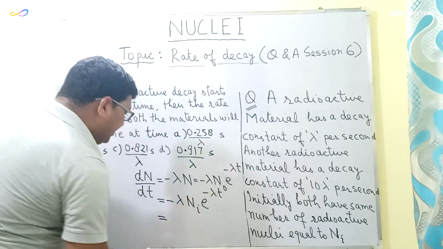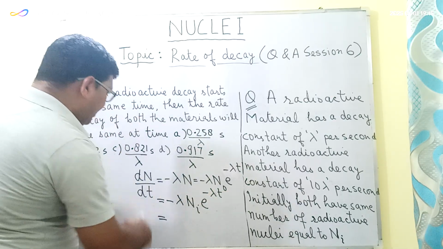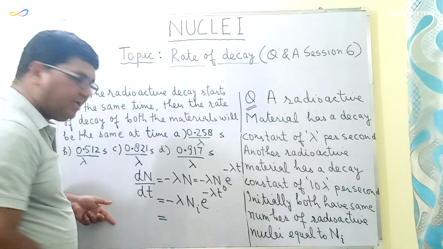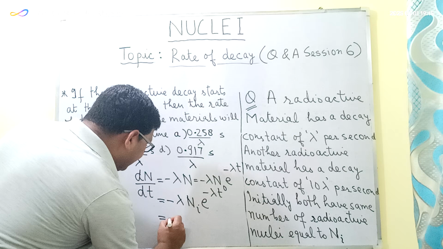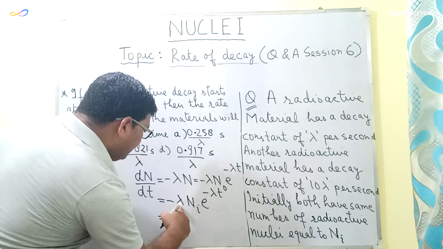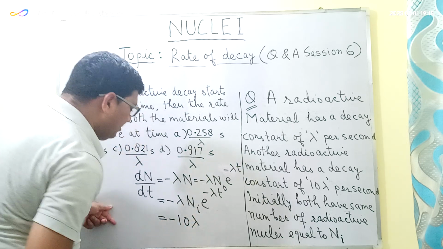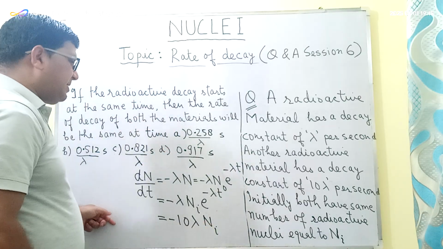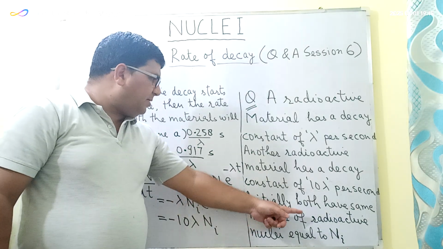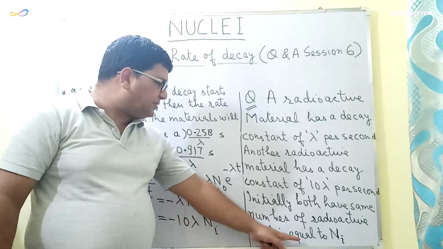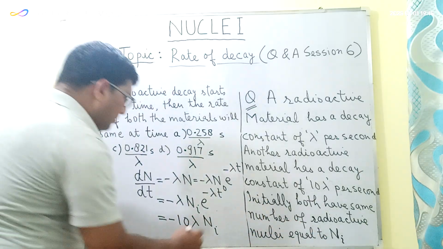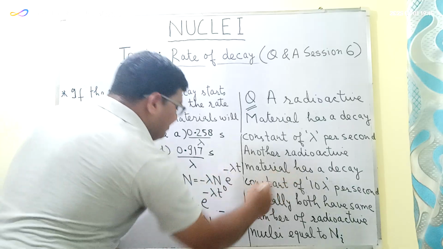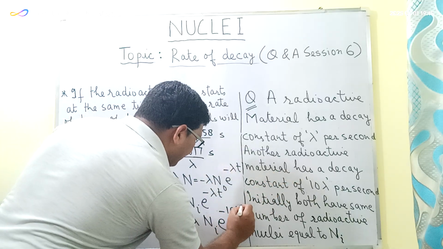For the second material, the decay constant is 10 lambda, so lambda will be replaced by 10 lambda. The rate of decay will be minus 10 lambda multiplied by Ni, because in the second material also the number of radioactive nuclei at t equal to 0 is Ni, multiplied by e to the power minus 10 lambda t.